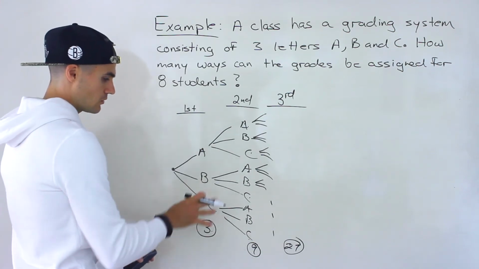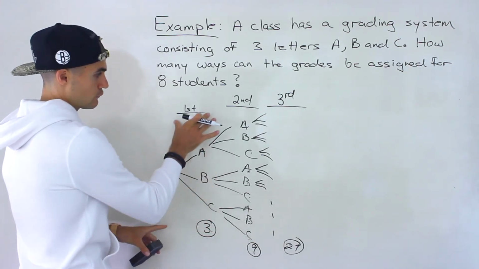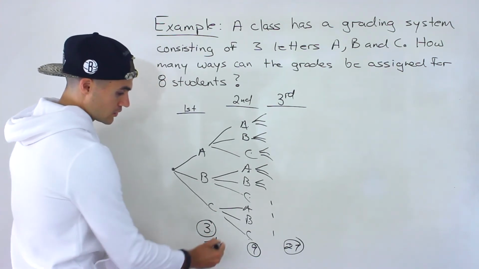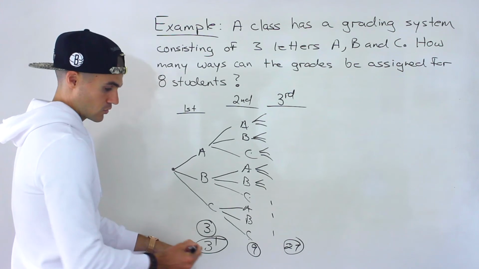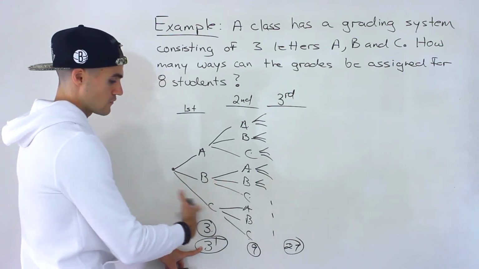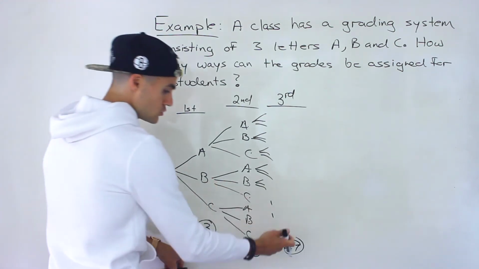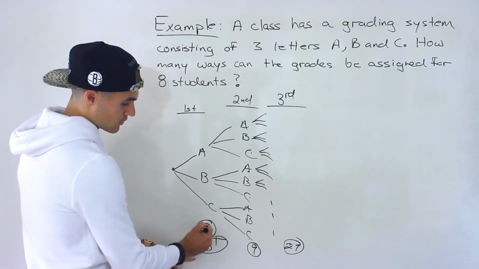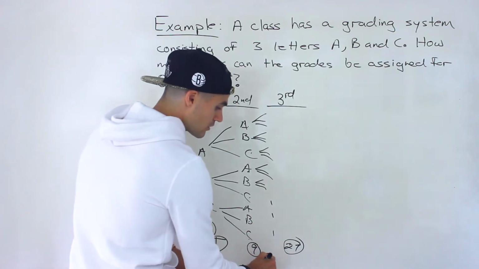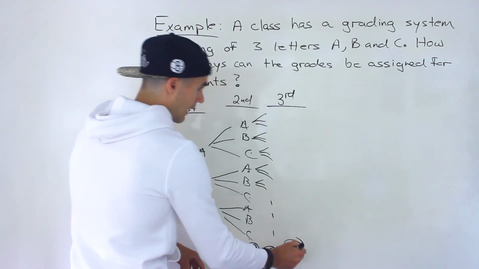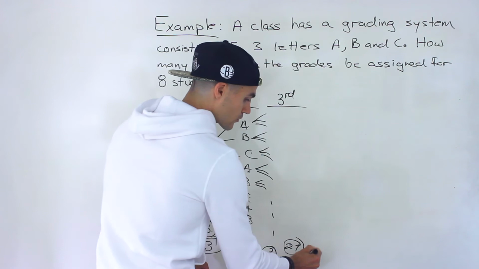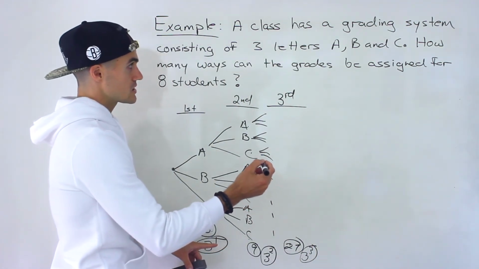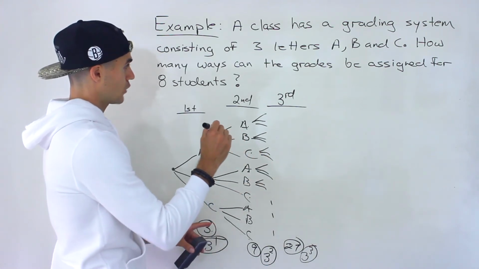And just to generalize it even further, notice that if there's 1 student in a class, this would be 3 to the power of 1. You're only multiplying the 3 once, or there's only a 3 there. You're not even multiplying anything. But if there's 2 students in the class, you would take this 3 and multiply by another 3, so it would be 3 to the power of 2, and then 3 to the power of 3, etc., etc. And so you can just adjust for n students.